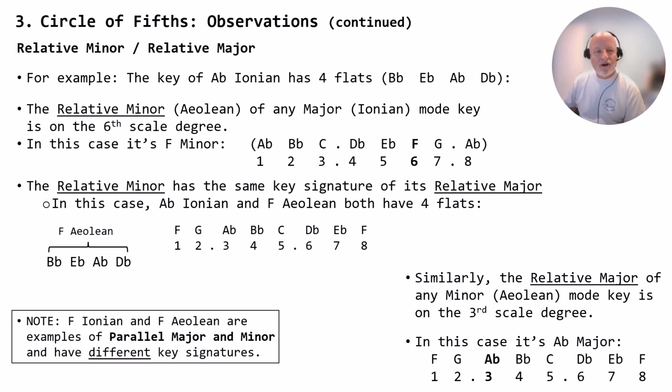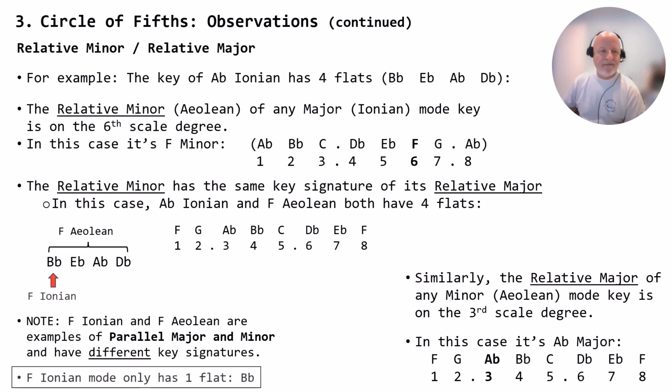Now there's another term called parallel major and minor. We just did relative major and minor, and now there's another term called parallel major and minor, but they have different key signatures. So we're going to use F Ionian and F Aeolian as an example. F Ionian only has one flat, right?